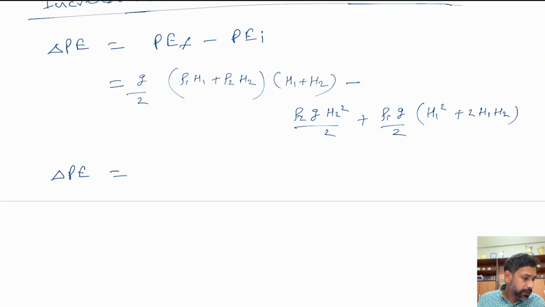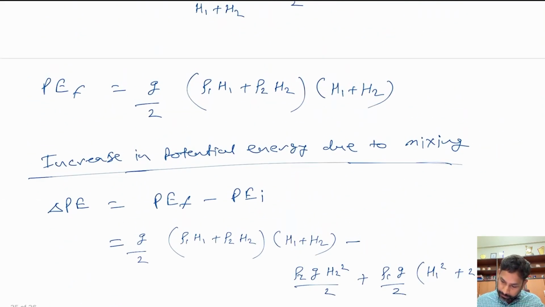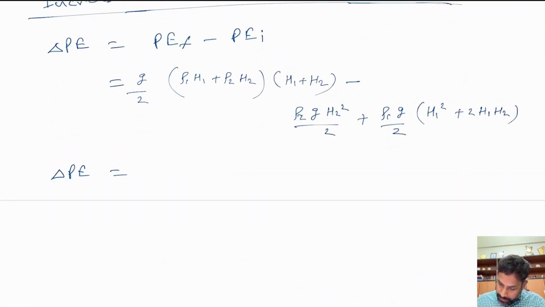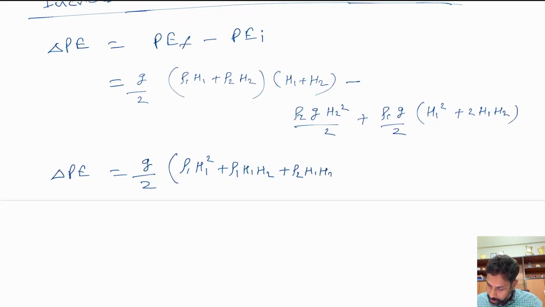So if we expand all these terms, we should eventually get g over 2 times rho 1 h1 square plus rho 1 h1 h2 plus rho 2 h1 h2 plus rho 2 h2 square minus rho 2 h2 square minus rho 1 h1 square minus 2 rho 1 h1 h2, right?